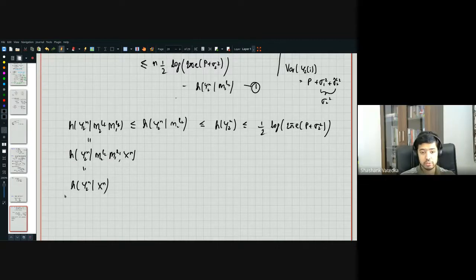So it's possible that two different pairs of messages could map to the same code word. It's a bad code book, but doesn't matter. Potentially they could map to the same code word. In which case, obviously xn does not uniquely determine m1 and m2.